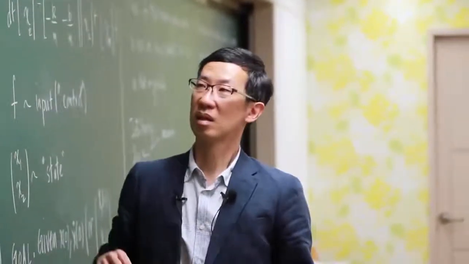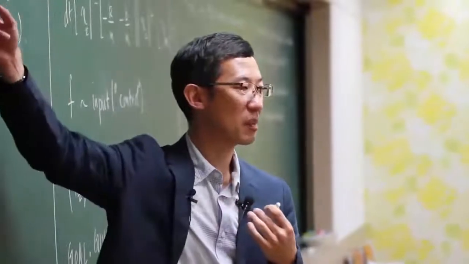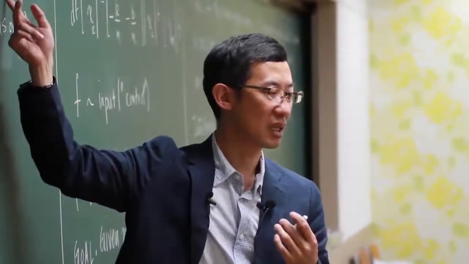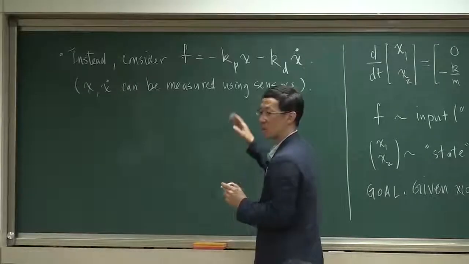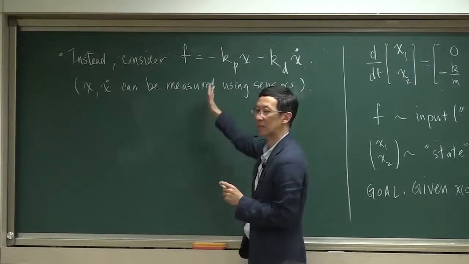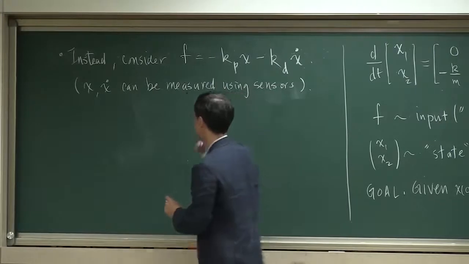And we have to pick Kp and Kd. So if we use this kind of control, let's see how the equation behaves.